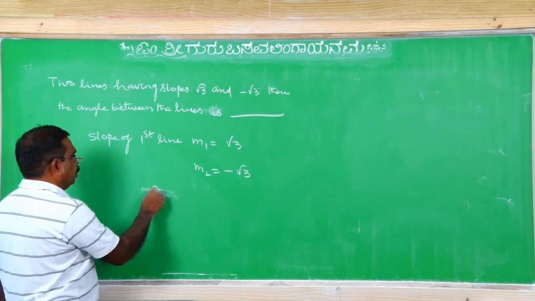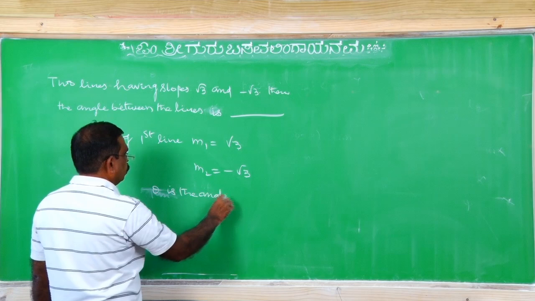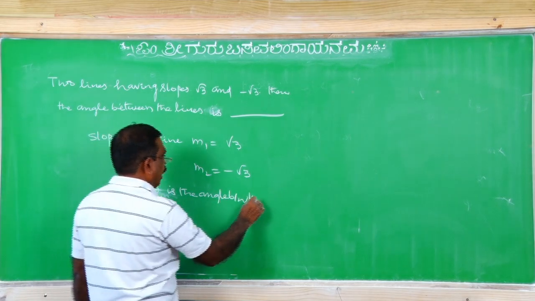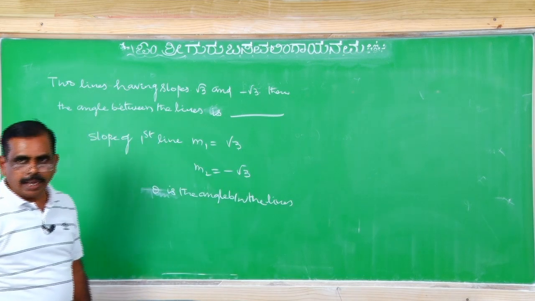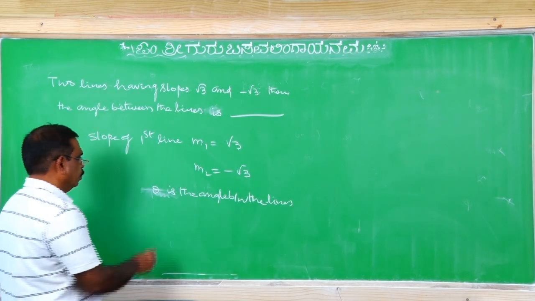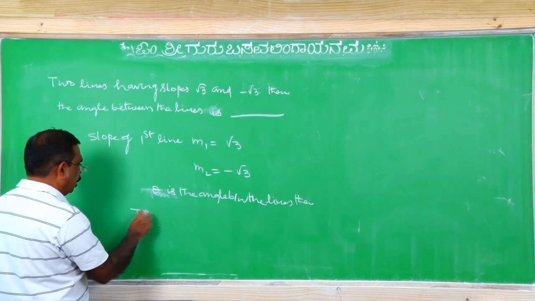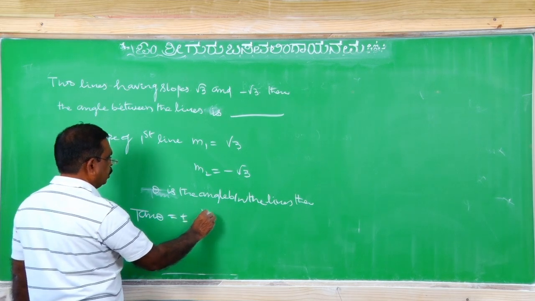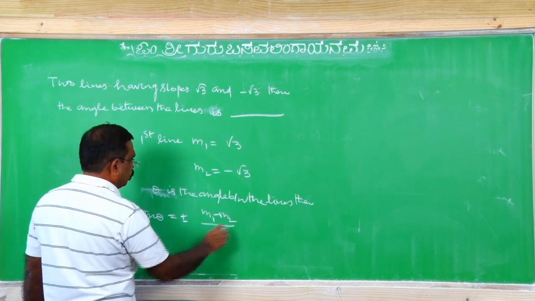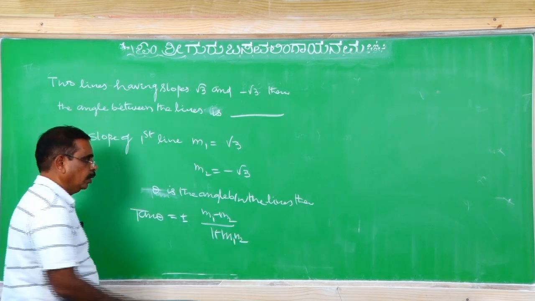Theta is the angle between the lines. Then what is the formula? Tan theta is equal to plus or minus (M1 minus M2) by (1 plus M1 M2). Write down.